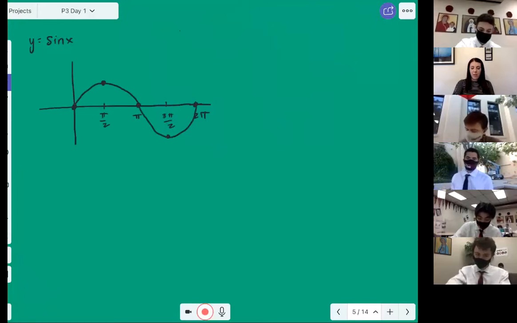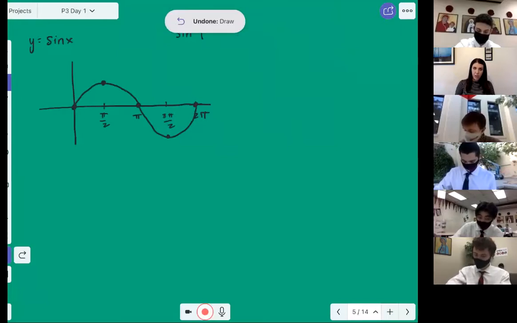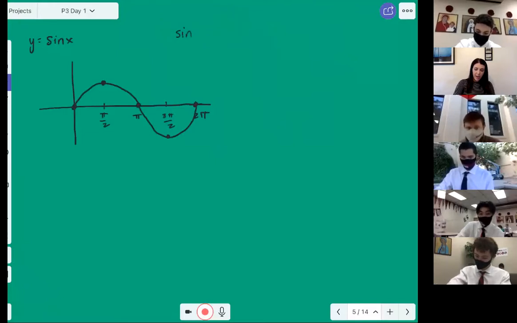If I gave you sine of pi over 2 minus x, and I asked you to identify the transformations that happen there, this is a little bit confusing because usually, if I gave you sine of x minus pi over 2, you'd probably know how that moved.